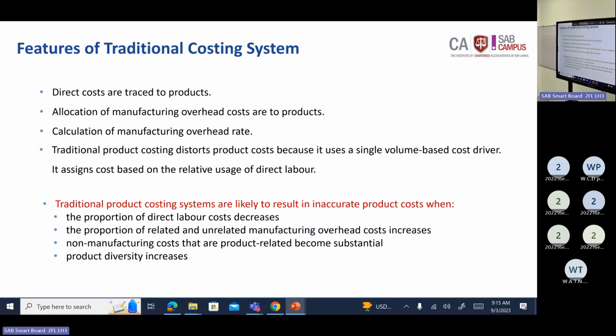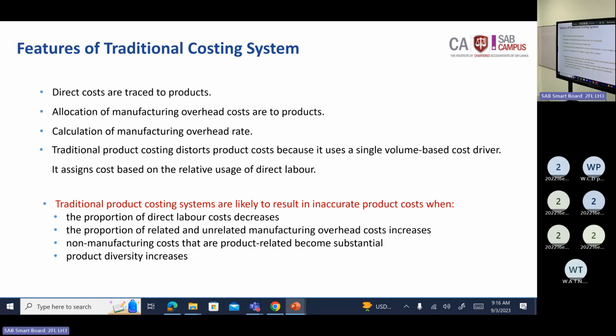Then for factory 2 we use labor, so all the overhead cost is allocated using labor. So it assigns cost based on relative usage of direct labor hours, or you can have machine hours, right? Or units produced, whatever the basis. The traditional product costing systems are likely to result in inaccurate product cost when the proportion of direct labor cost decreases.